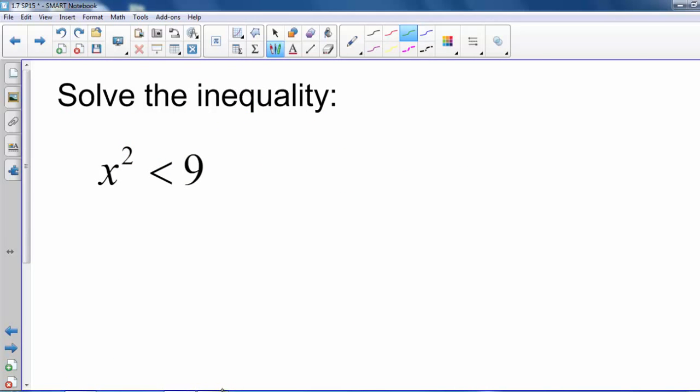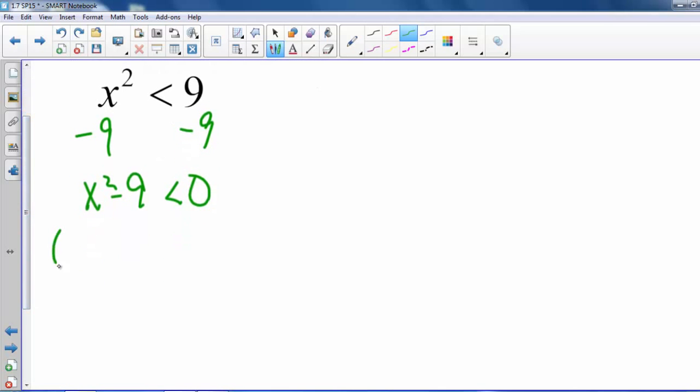Let's solve the inequality x squared is less than 9. So we need to get 0 on one side, so we're going to subtract 9 from each side to get x squared minus 9 is less than 0. Now we need to factor, so we have x minus 3 times x plus 3 is less than 0.